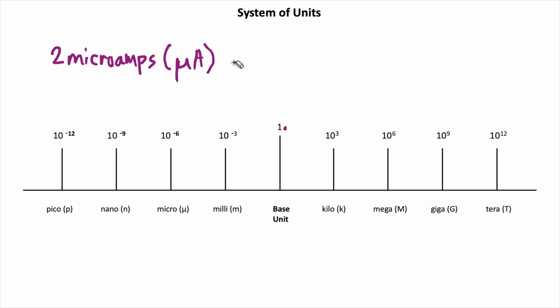If we have 2 microamps, and here is my symbol for microamps in parentheses here, and let's say that we look down here at our table for the system of units, and we find micro. Micro's right here, and it's 10 to the -6. So what we are saying by 2 microamps is 2, remember, times, and then because it's negative, it's going to be 1/10 six times.